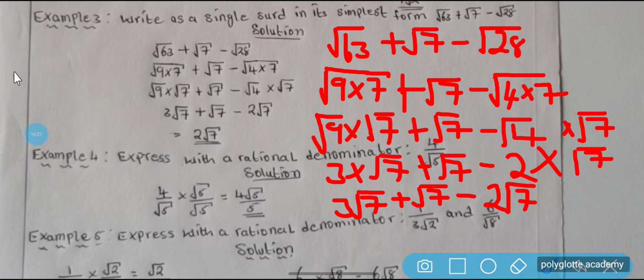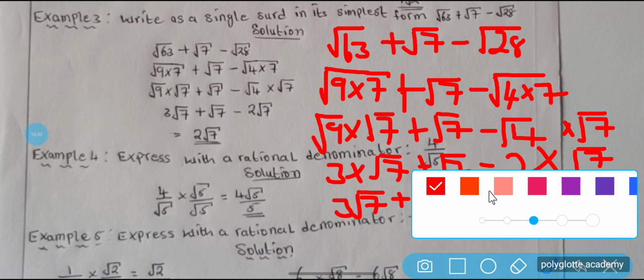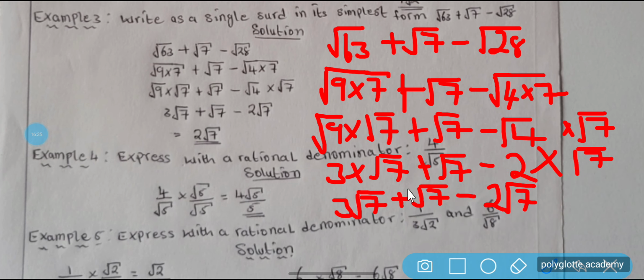Let's start with this one: 3 root 7 plus root 7. Know that there's a number attached here, the coefficient, and that number is 1. So we are going to consider root 7 as x. All these root 7 we are going to consider as x, and then we add and subtract the numbers that are outside.